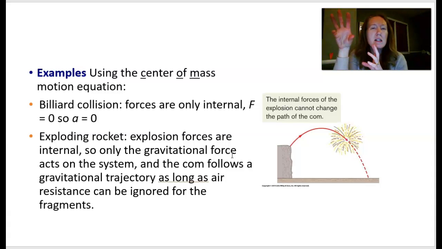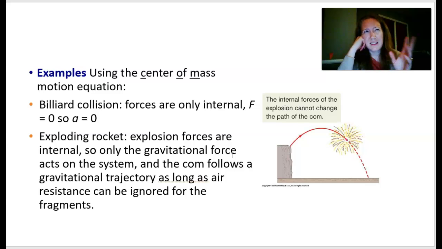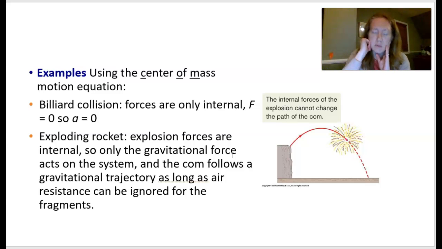As a whole it's going to move, but its center of mass is going to maintain the velocity it had before, assuming there's no friction with the tabletop and it's rolling. We haven't gotten into rolling yet, but okay.